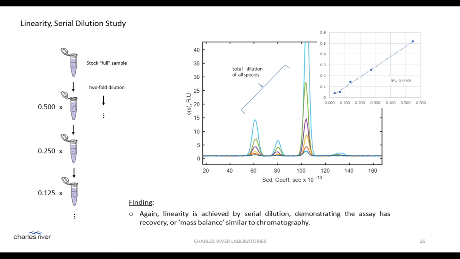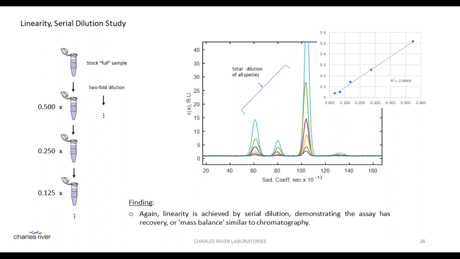We've evaluated that kind of situation by taking that stock amount of sample and making the serial two-fold dilution series. When we run that sample set in the AUC, again, we see a nice linear trend between the overall concentration loaded in the cell and the total integrated area under the resulting distribution, as the graph shows, in area units.